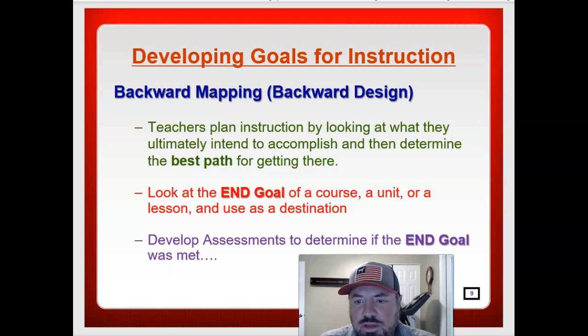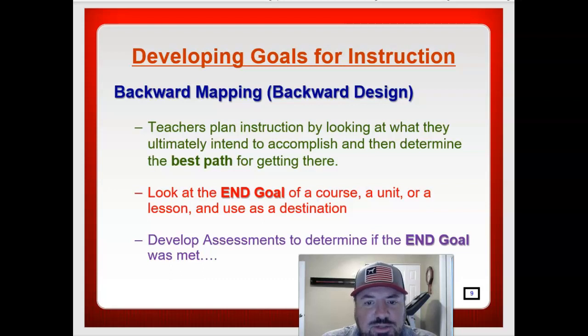A process called backwards mapping or backwards design is where teachers, coaches, instructors, and physical therapists plan for their activities or instruction by looking at what they ultimately intend to accomplish at the end, and then determine the best path for getting there.